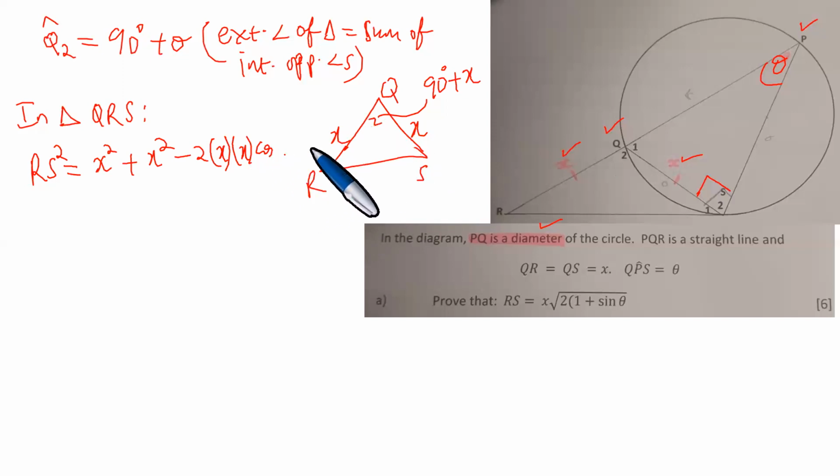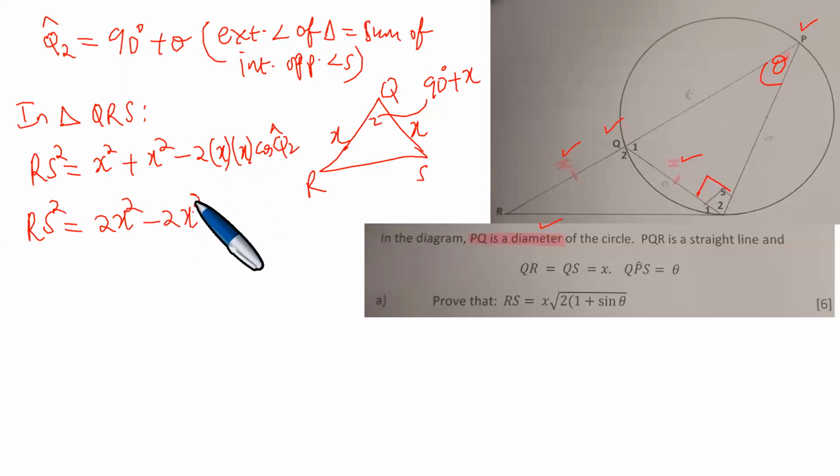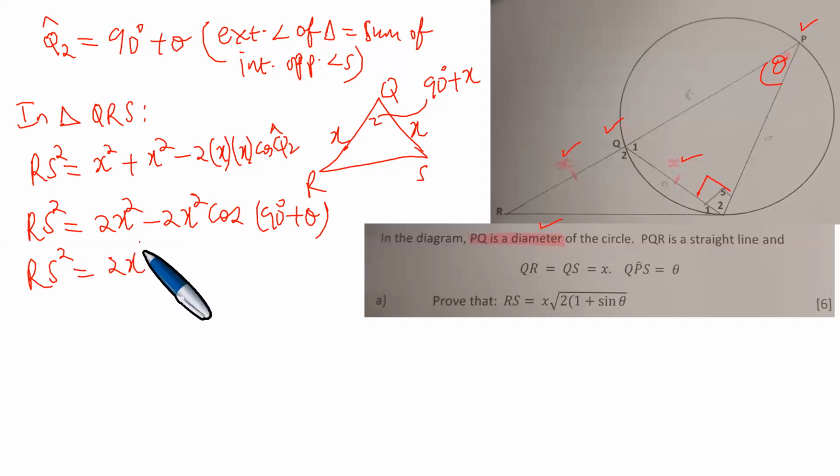And this is actually Q2, from which we're able to see that RS squared equals X squared plus X squared, which gives us exactly 2X squared, minus X by X, which gives us exactly X squared, times the cosine of the angle Q2, which is 90 degrees plus theta. RS squared, which is 2X squared minus 2X squared.